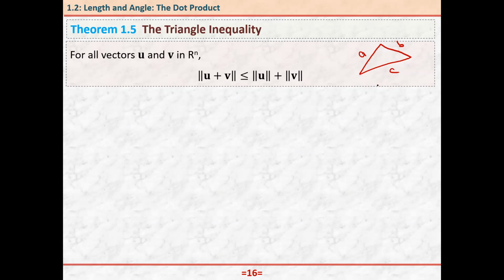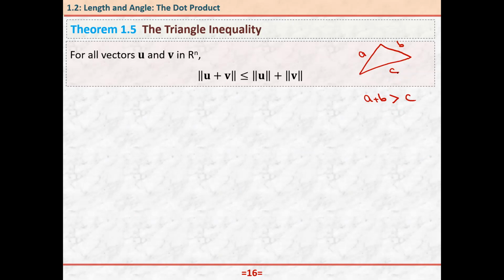To be able to construct a triangle with A, B, C, we have 3 line segments. From here, we know that the sum of 2 sides, A plus B, must always be greater than C, right? Otherwise, we cannot construct a triangle.